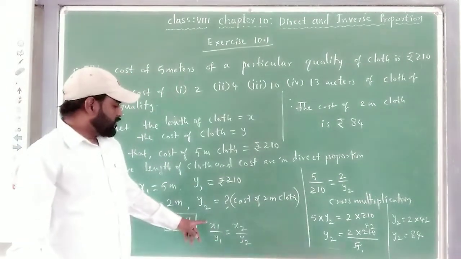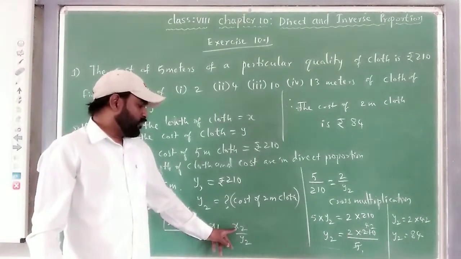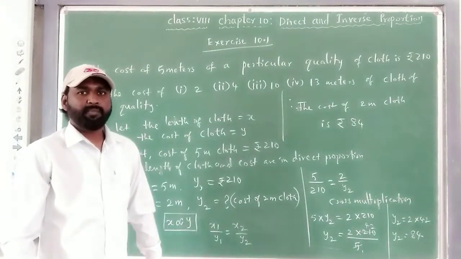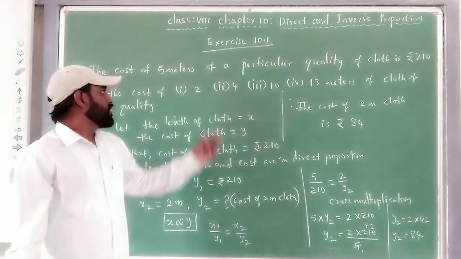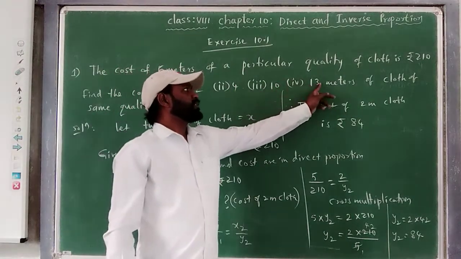In the question, the x1 and y1 values will be given, and the x2 or y2 value will be given. The other you need to find out by using this formula. Hope you all understood how to find this. So remaining: the cost of 4 meters cloth, 10 meters cloth, and 13 meters cloth.